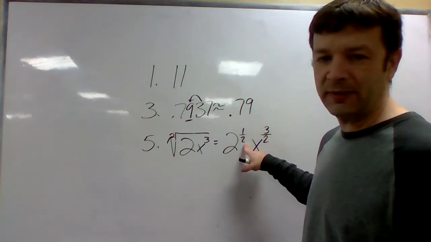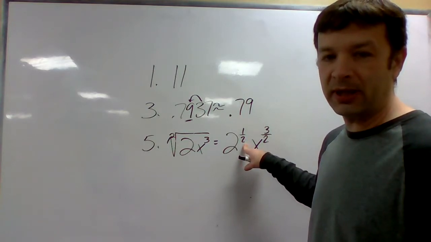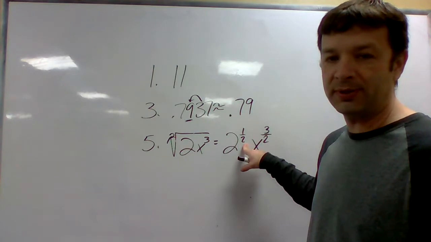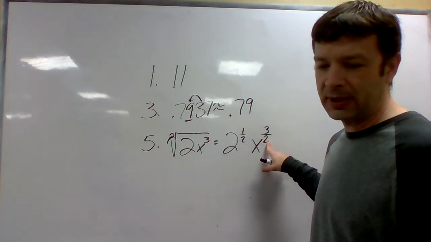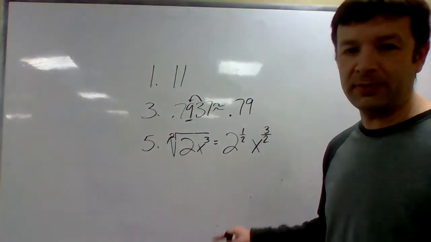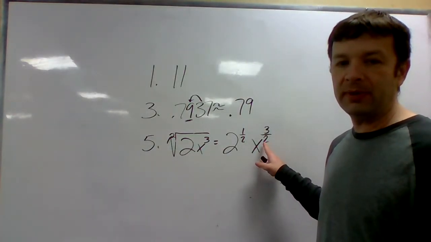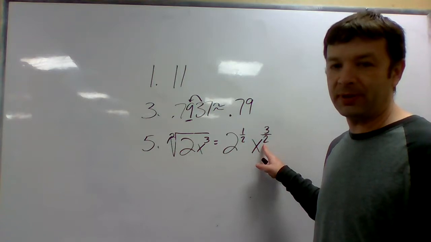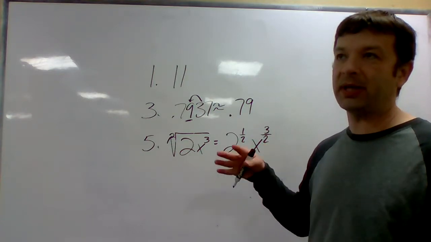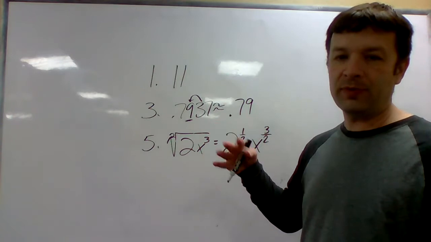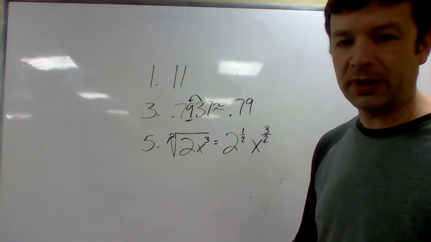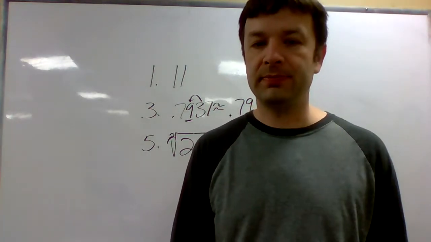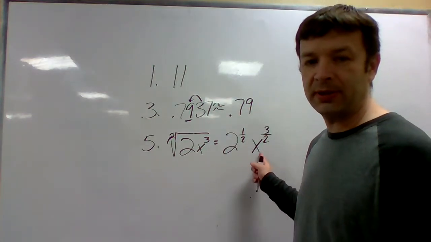A lot of you figured this out, but if the fraction reduces, you should reduce it. Neither of these reduce. Number 6, one of them is going to reduce. 3 over 2, you don't change it to a mixed number, though. That's not reducing. Reducing is like 2 over 4 reduces to 1 over 2 or something like that. Anyway, so that's just the answer to number 5.